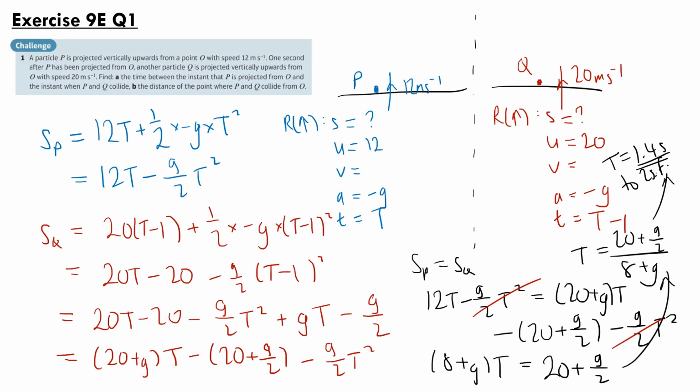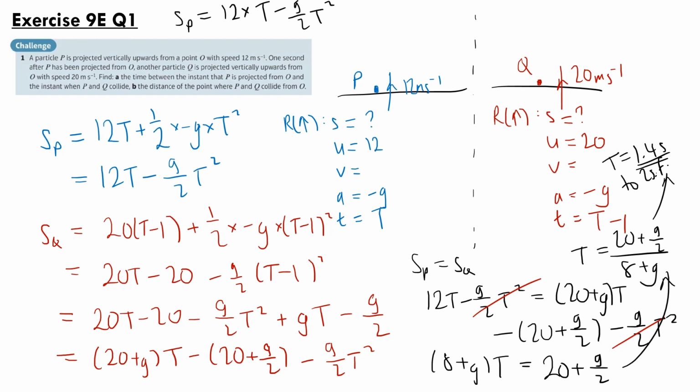And to finish off, we can use either of SP and SQ because they're equal, to substitute t in. So I'm just going to choose SP because that is simpler to work with. So SP is equal to 12 times t minus g over 2 t squared, when we're using t equal to that 1.4, using the answer button on your calculator.